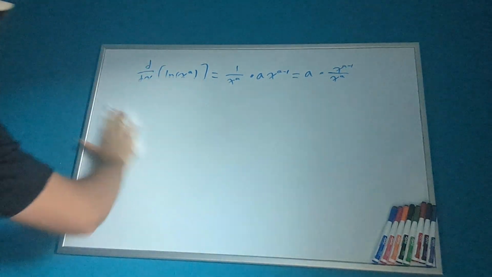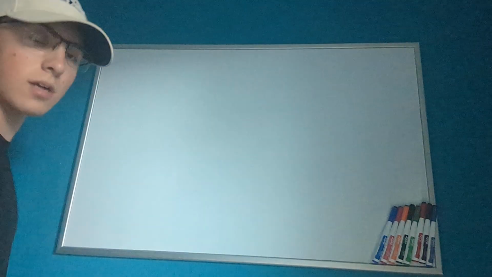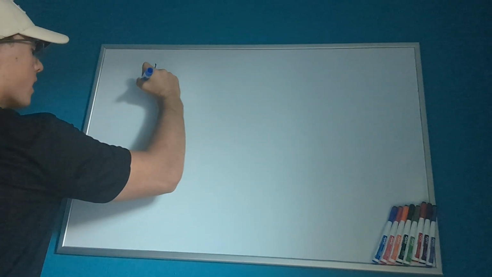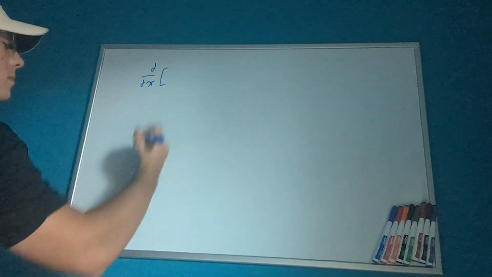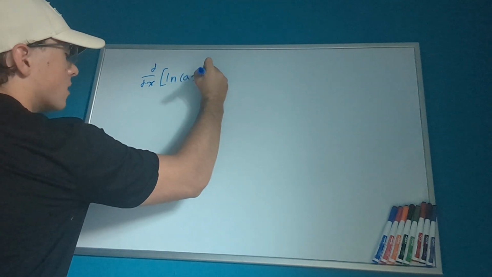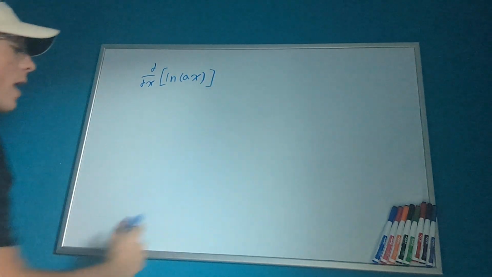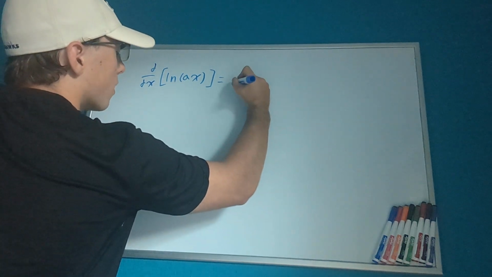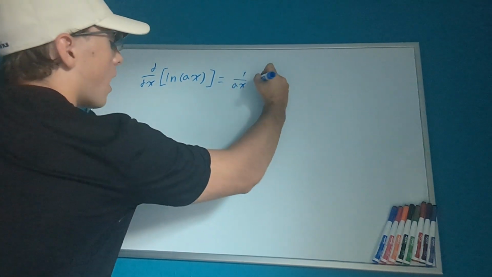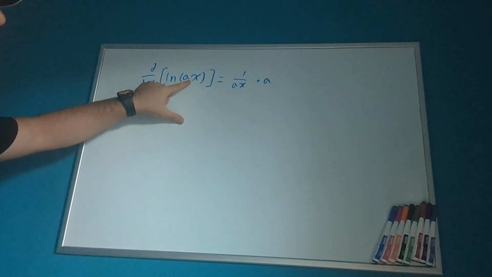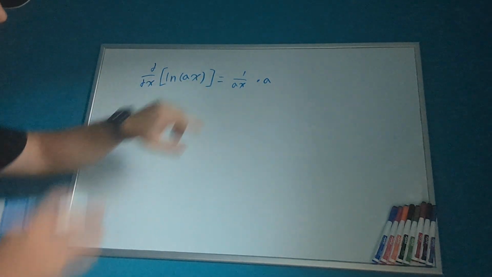So let's erase this. We're going to start by taking the derivative, d over dx, of the natural log of ax. How do we do this? Once again, this equals 1 over ax times a, because to take the derivative, we take the reciprocal and multiply by the derivative of this. The derivative of this is just a.